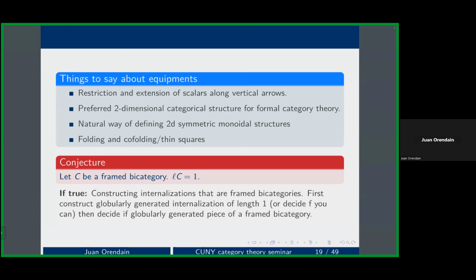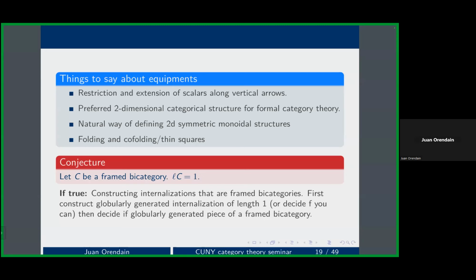So sometimes, and this is championed by Mike Shulman, it's better to extend that into a framed bicategory. Symmetric monoidal structures in framed bicategories are way more natural. The coherence equations are defined in terms of the vertical arrows, and so you define a symmetric monoidal structure there. If the double category is a framed bicategory, then under horizontalization it goes down to a symmetric monoidal structure in the horizontal bicategory.